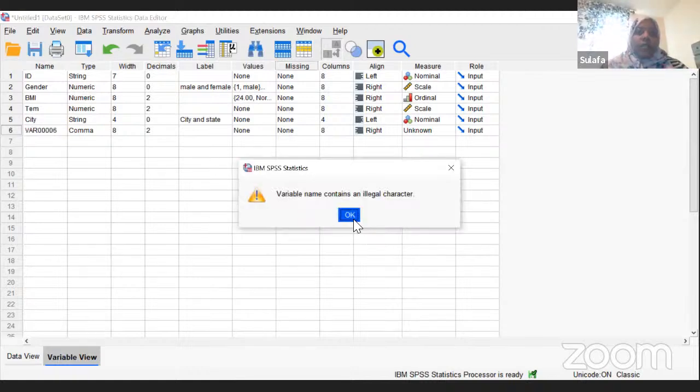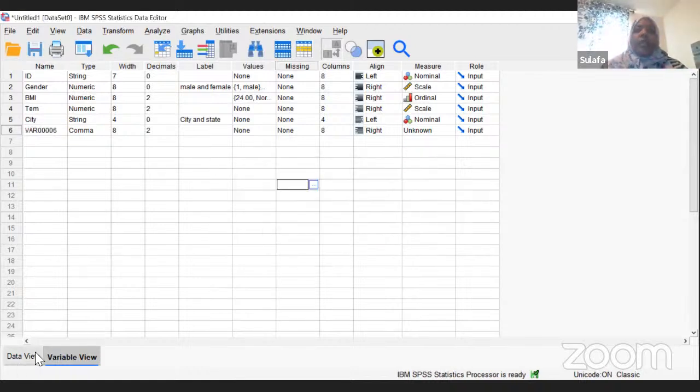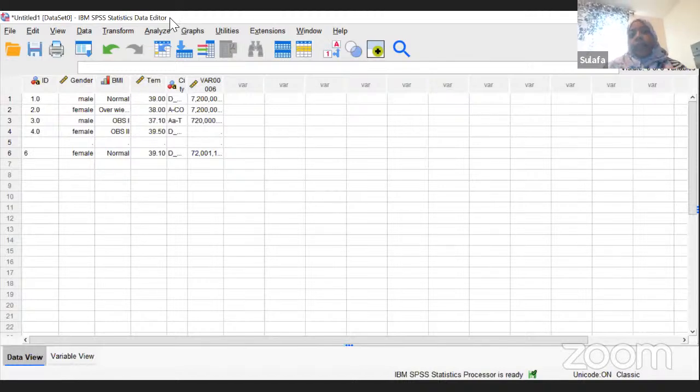So this summarizes how you can enter your data manually in SPSS. And now I can show you how to import your data, and a very simple, basic statistic procedure that you can do. Is there any question in the chat, Dr.